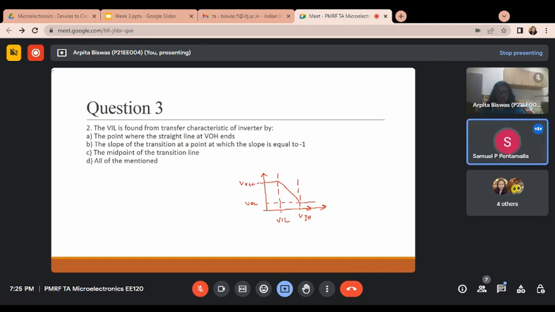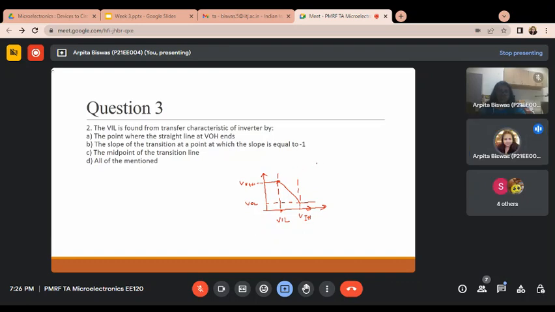So now tell me VIN, this point. What information are you getting from this point, the point where the straight line at VOH ends? The low input voltage required to start conducting for the inverter is the VOH voltage.